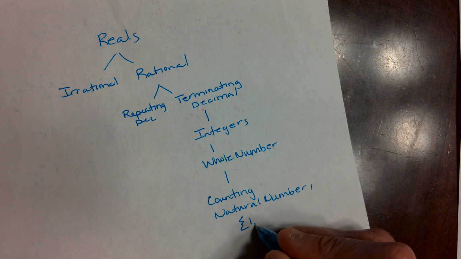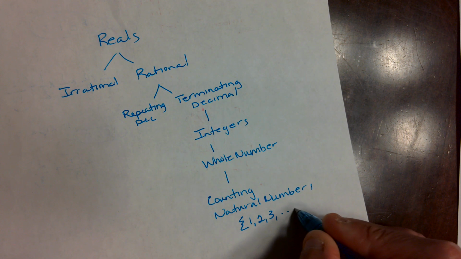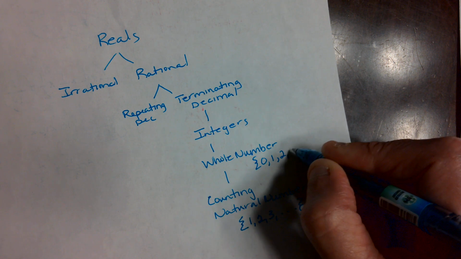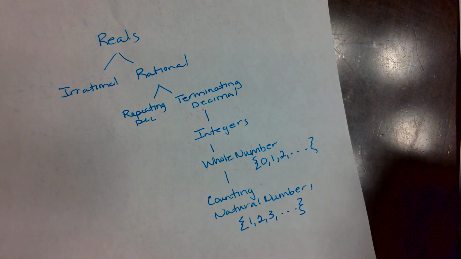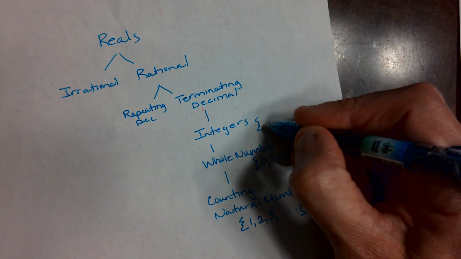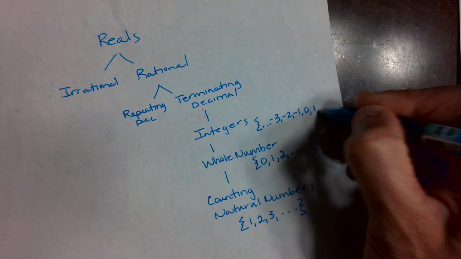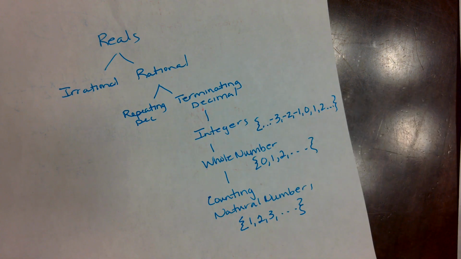Because counting, you start counting at 1. So this would just go on. Whole numbers include the number 0 and go on. And integers include the negatives. Okay, so those are the more specific ones.